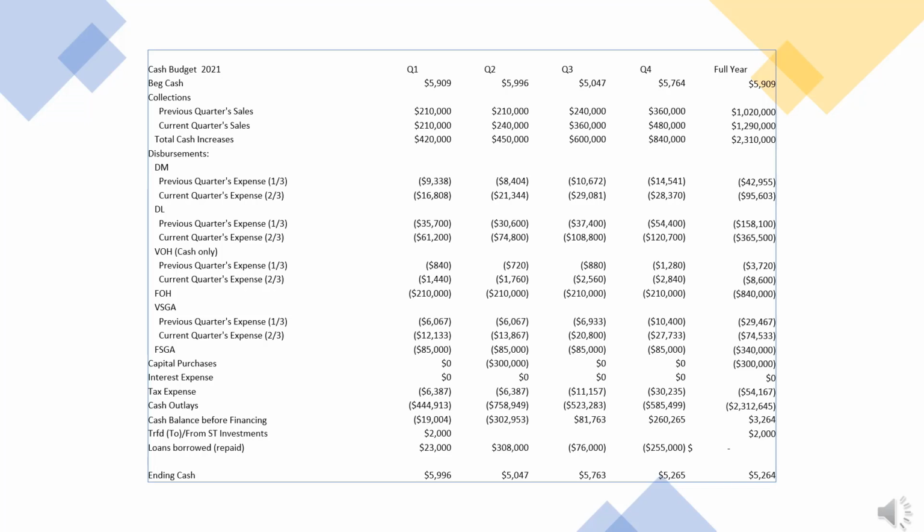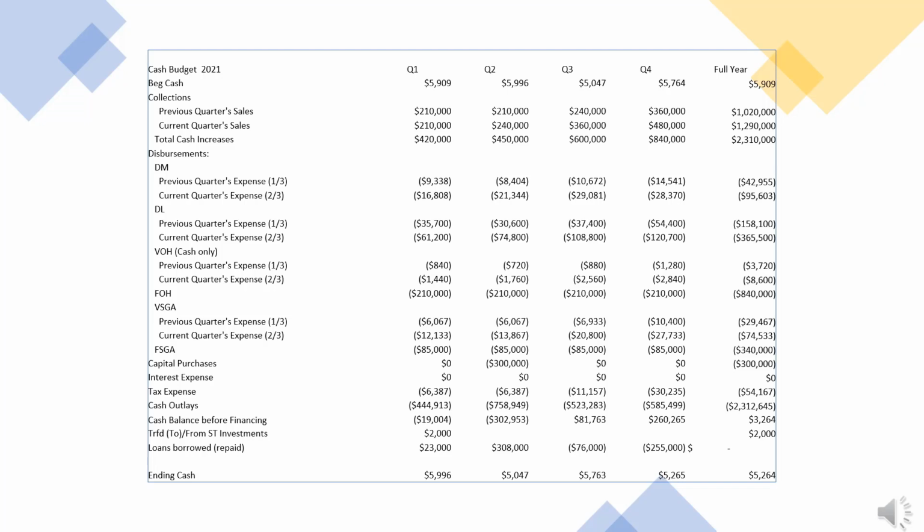This $9,000 number comes from the previous quarter. And so the 21 and the 10,000 go together, the 29 and 14,000 go together, and so forth. Same with direct labor, 61 plus 30, 74 plus 37.